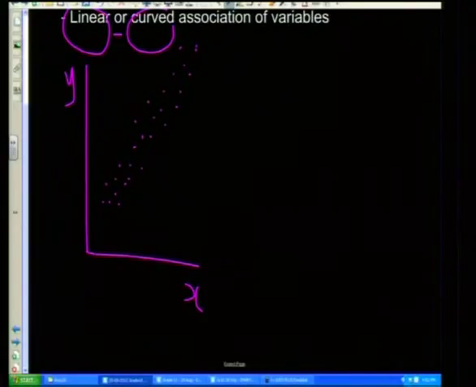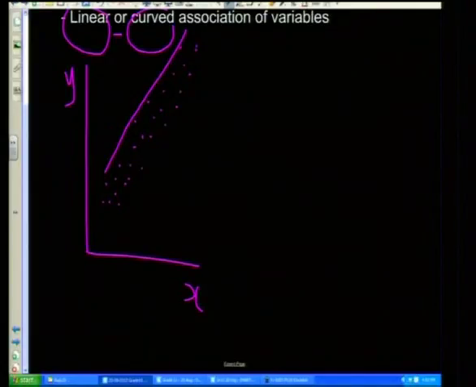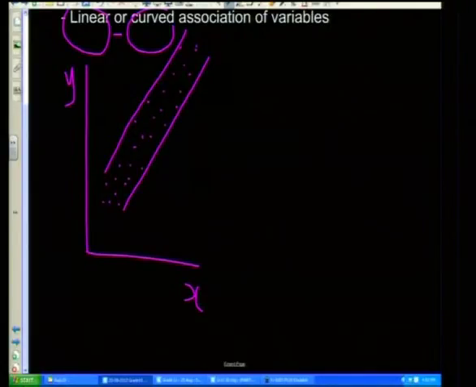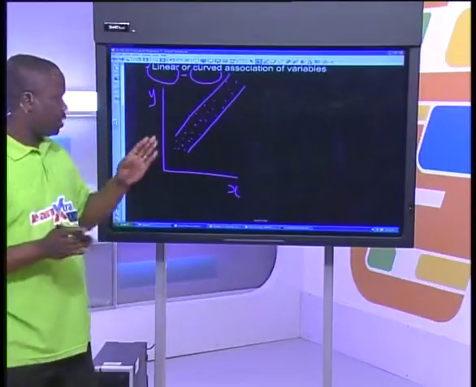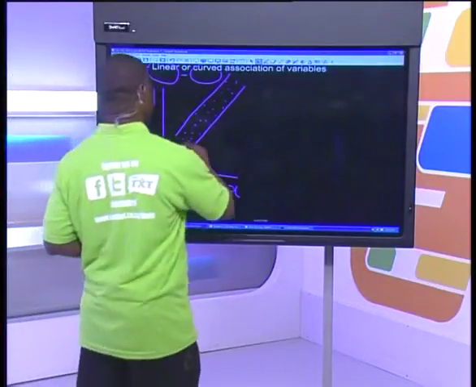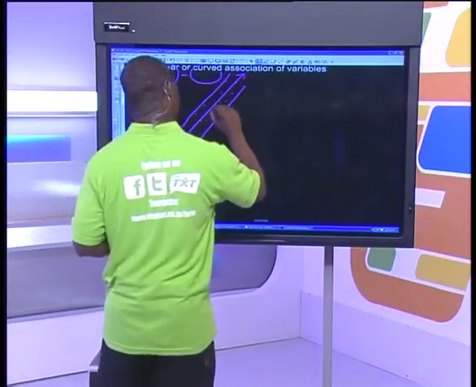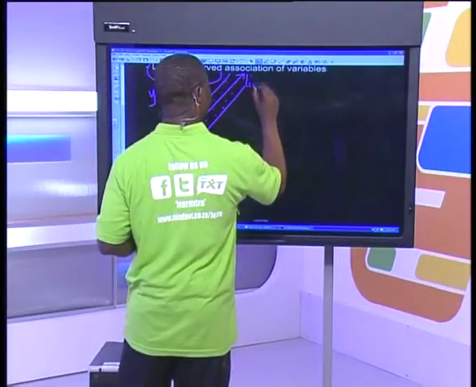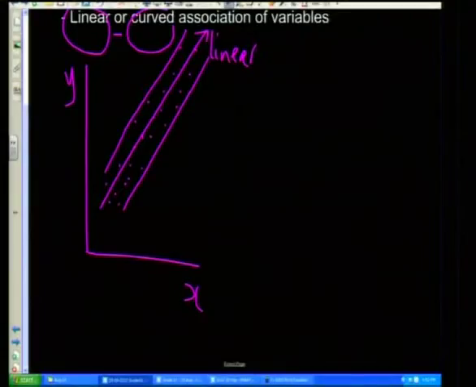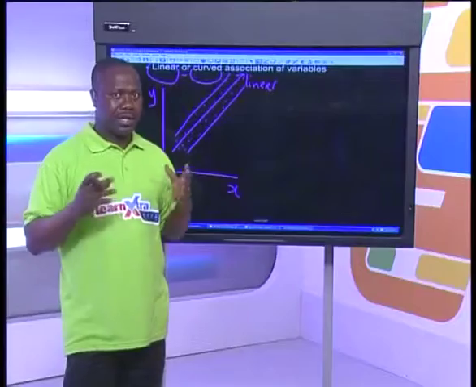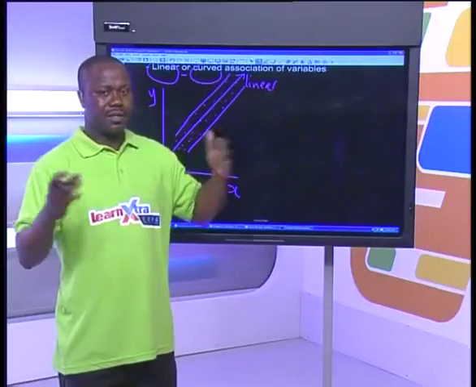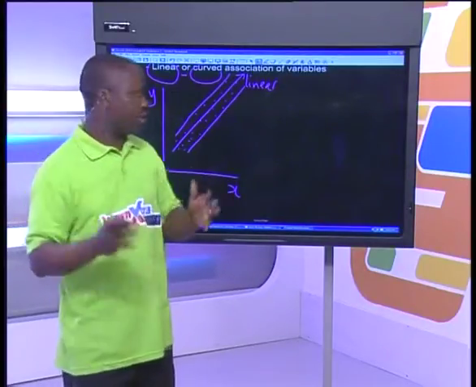If you can draw the boundaries on that, it lies between two lines, and you can say this is now linear data. The association is linear, and of course, later on you'll see that we're interested in telling whether that linear data has a strong association or a weak association.